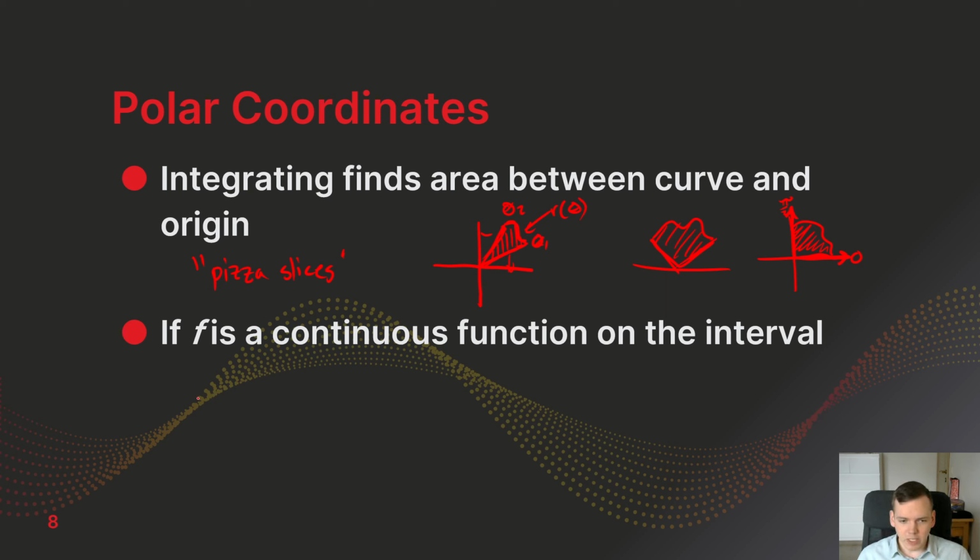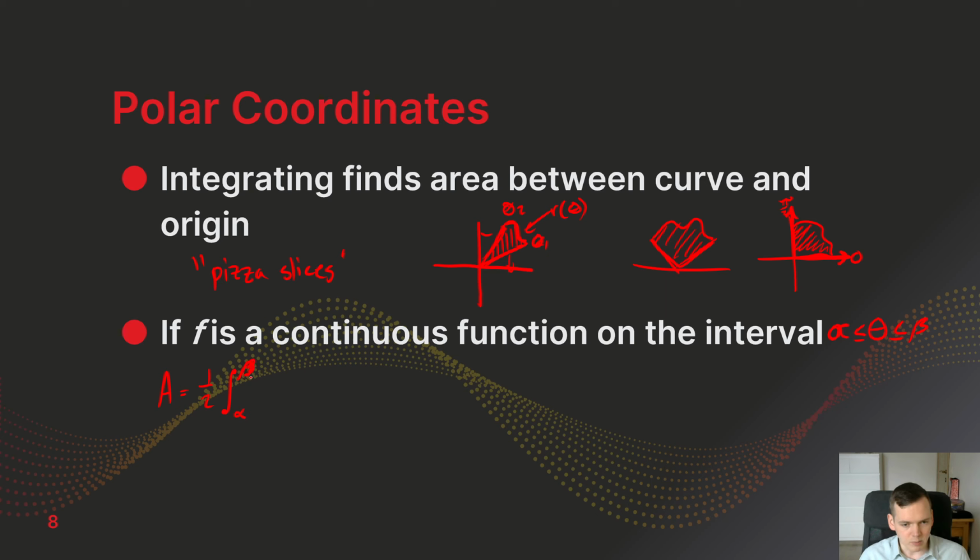If you want to integrate and find that area, and f is some function of theta, the area contained by it is going to be 1/2, and if it's the interval alpha is less than or equal to theta is less than or equal to beta, just because with angular quantities we tend to use the Greek alphabet in math, to make it easier at a glance to know that it should be polar.